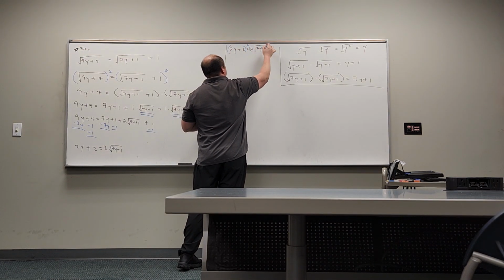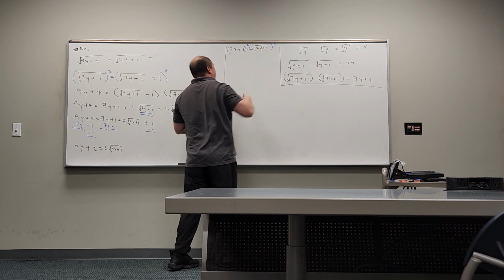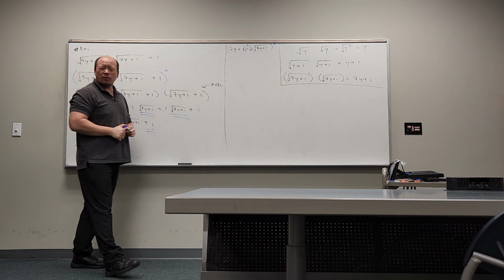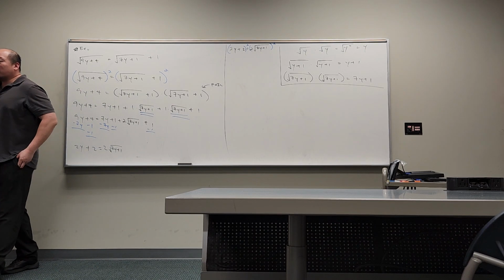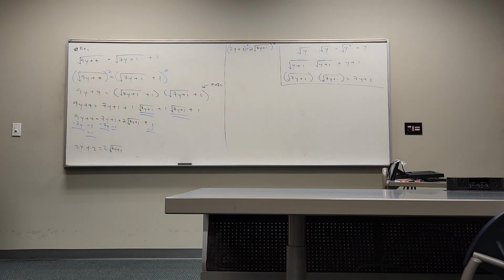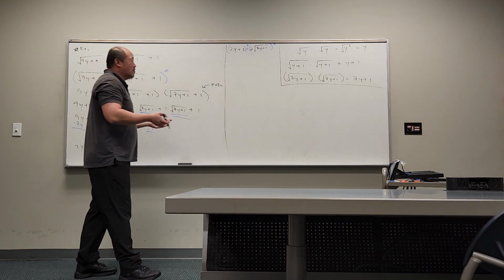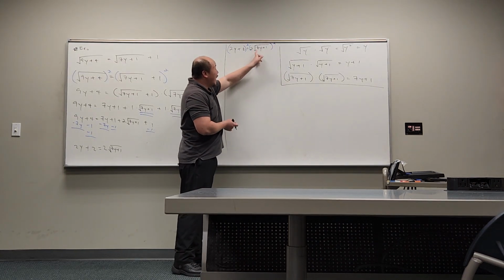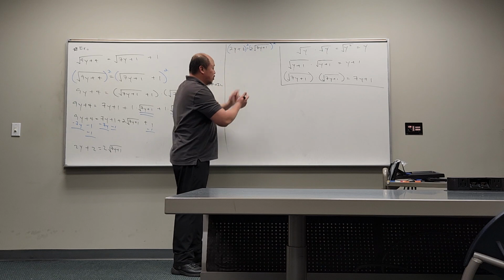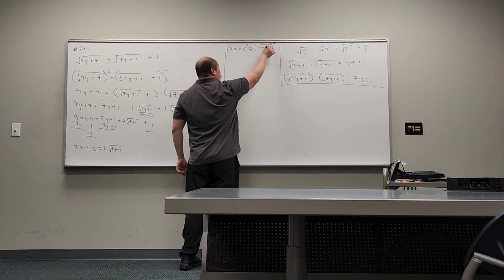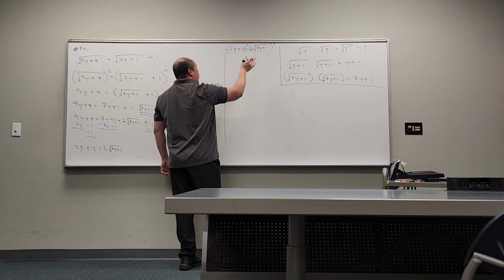Now some people ask me, hey, what about the 2 over here? Don't you have to move it? You can if you want to, doesn't really matter. In multiplication, it is no problem. Now, you can divide the 2 over on the other side, that's fine, you don't have to. But when you square a product, so this is a multiplication, right? You just square it over. So that's no problem.